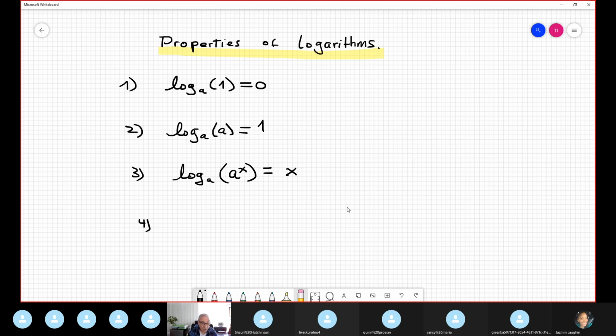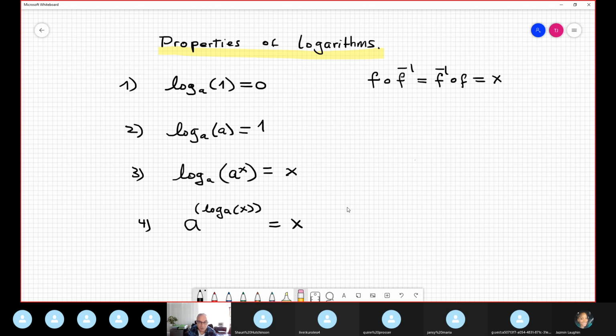Or in the opposite direction, a raised to the log base a of x is again the identity function. And this is logical. This situation happens because, as we studied in detail, when you have a function and its inverse, the composition gives the identity. It's a coincidence that the order is not important, and it also equals the identity because they are inverse functions. And when you put them together in this composition, one acting on the other, okay?